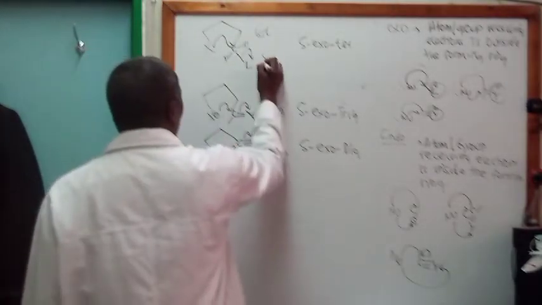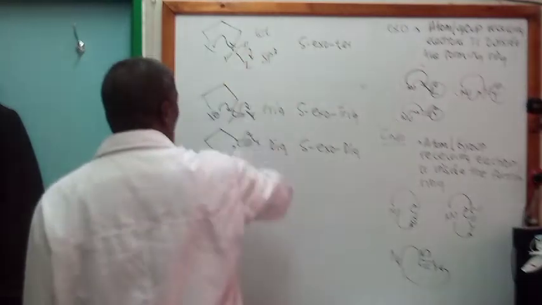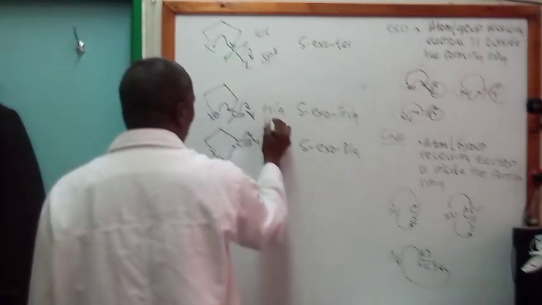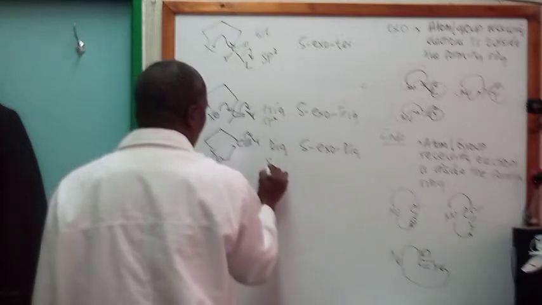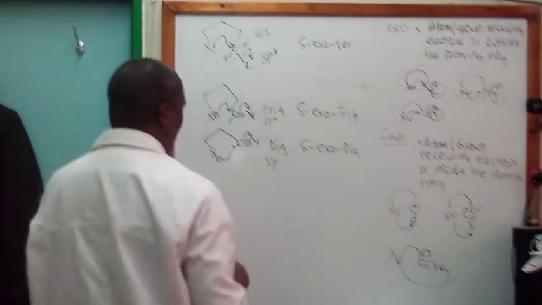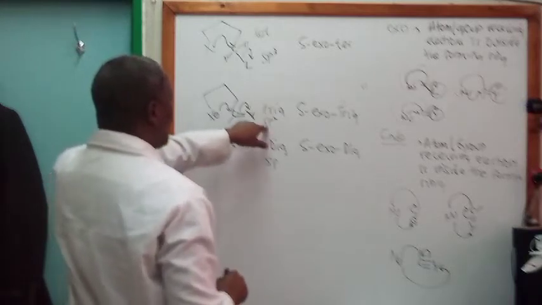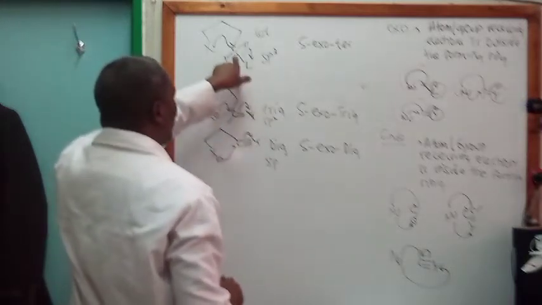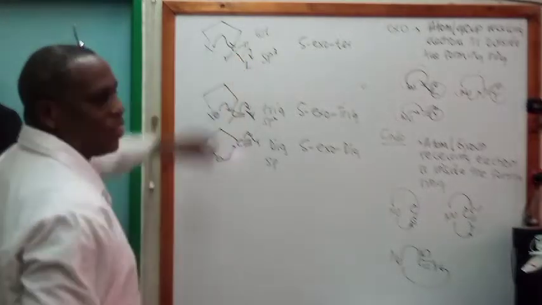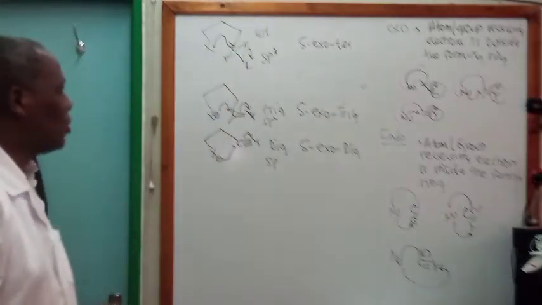You can say this is an sp3 hybridized carbon. This is an sp2 hybridized carbon, and this is an sp hybridized carbon. Yeah, sp for a triple bond, sp2 for a double bond, and then sp3 for a tetrahedral carbon.